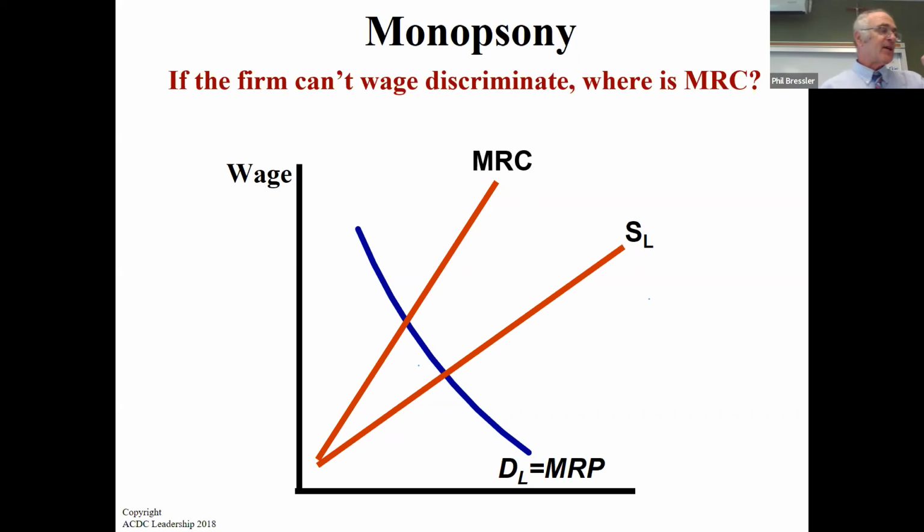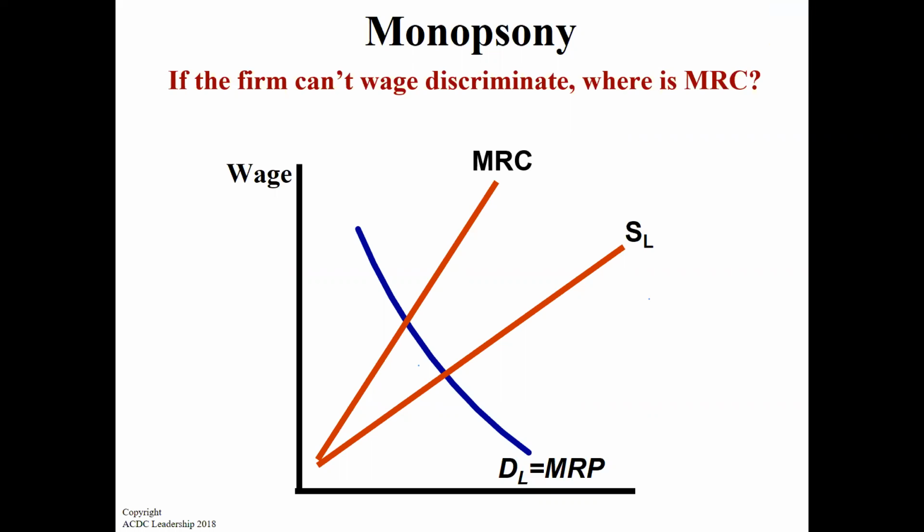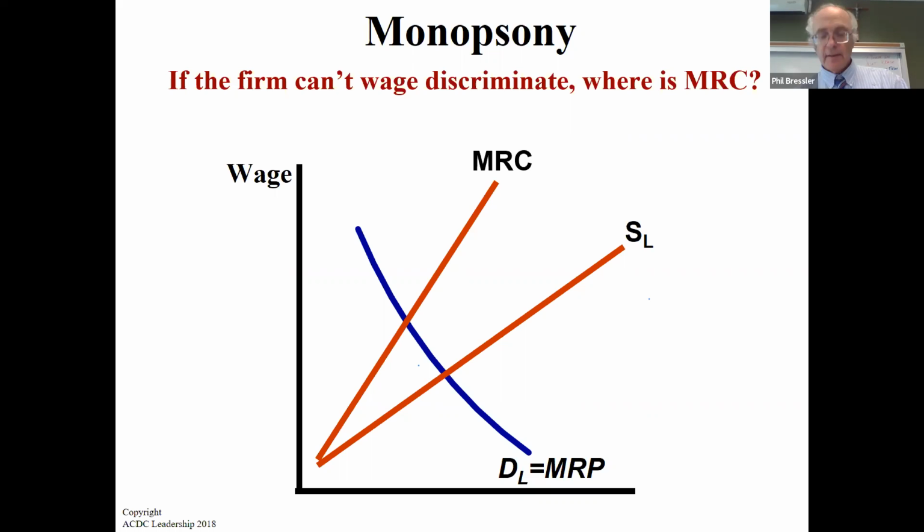Could someone raise their virtual hand, or turn on your mic and just tell me. No one? Would it be where the MRC equals MRP? Yeah. All right, great. Where MRC equals MRP, and there's your quantity.